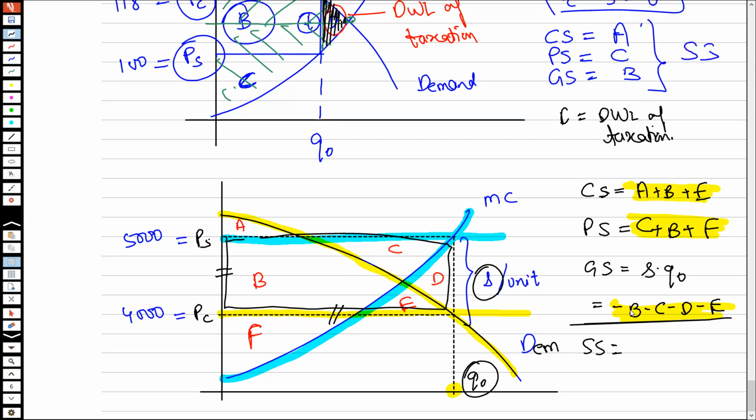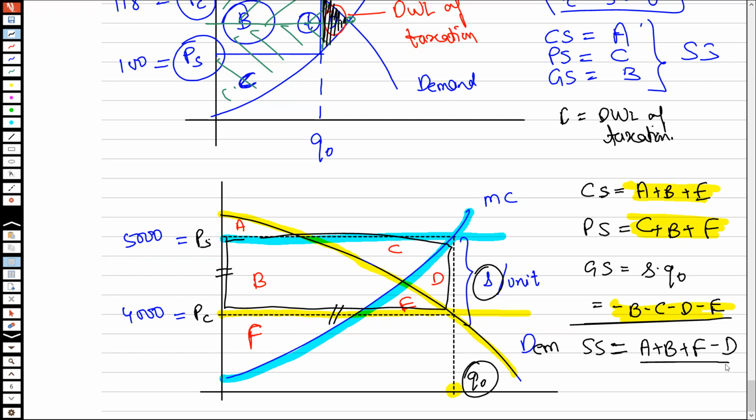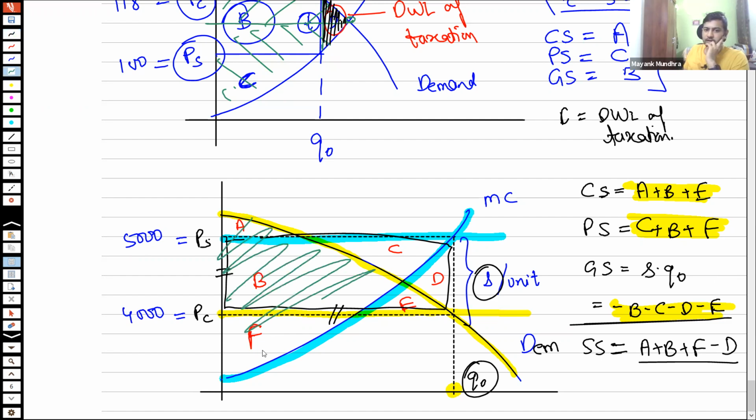A plus B plus F. Minus D. A plus B plus F minus D. Right? Which is basically this area minus this area.